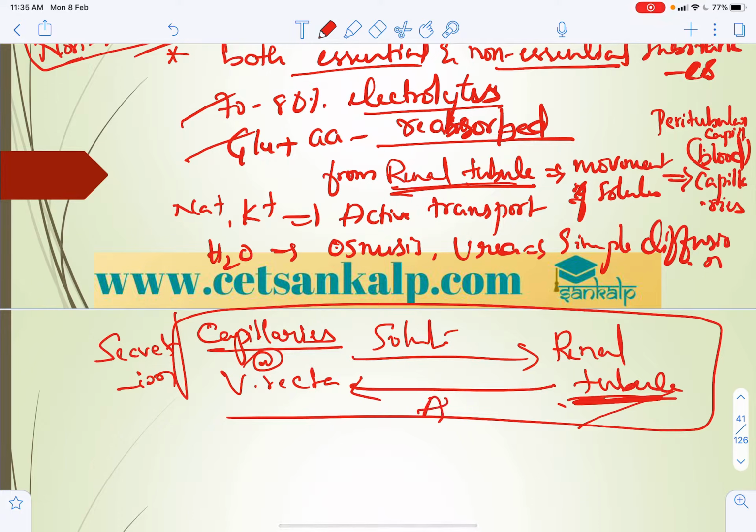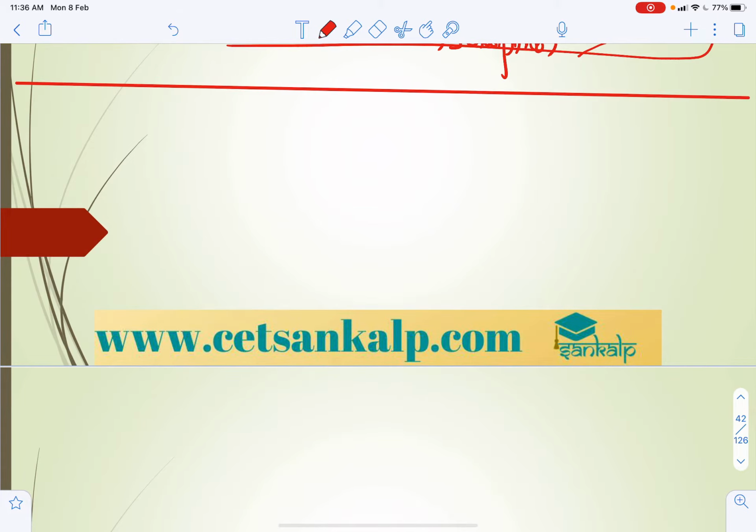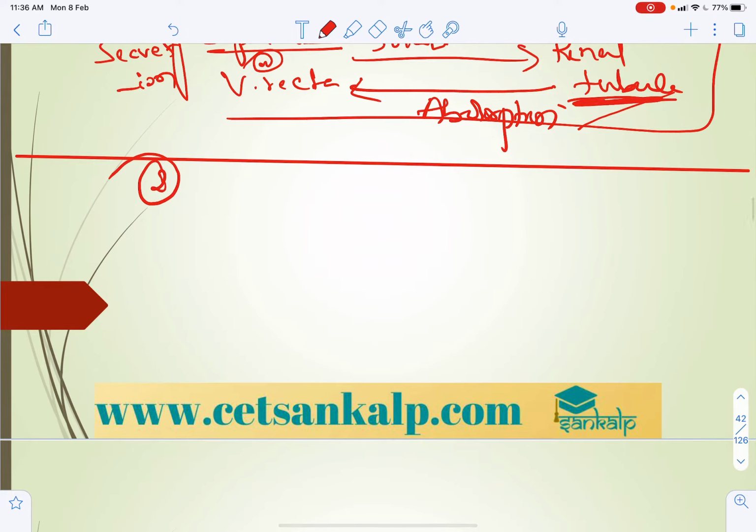So this we can say is absorption. Next step is generally selective reabsorption.